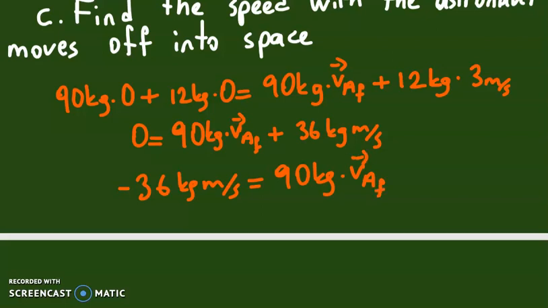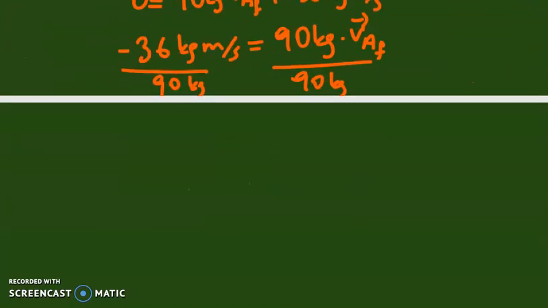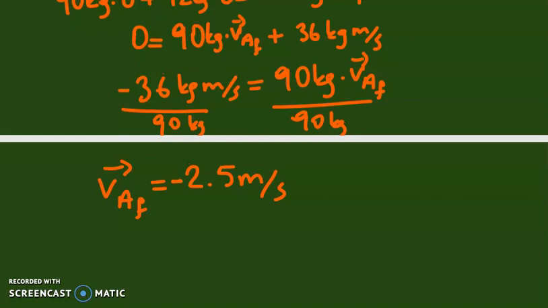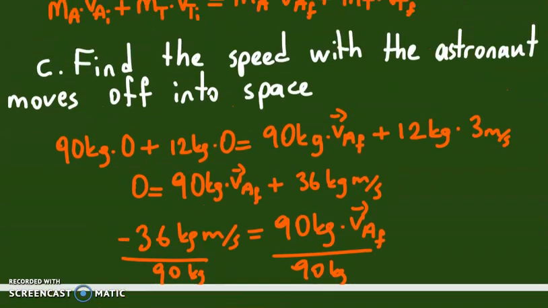Okay, let's divide both sides by 90 kilogram. Then velocity of astronaut final will be 2.5 meter per second, but it's going to be negative. So that negative sign tells us the velocity is in the negative direction.